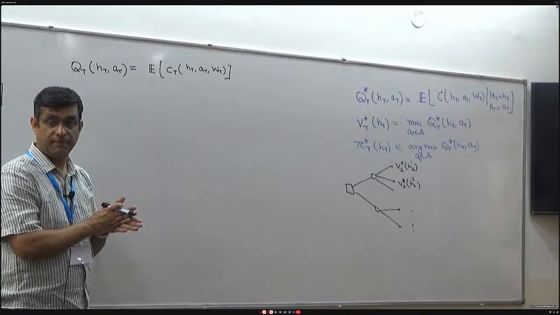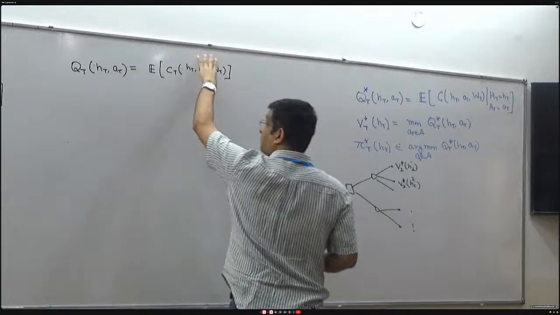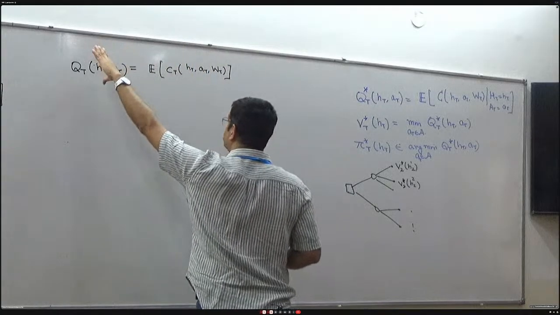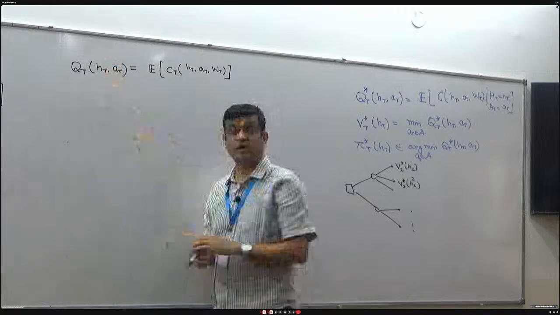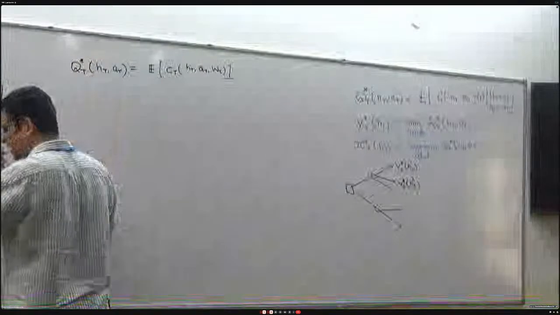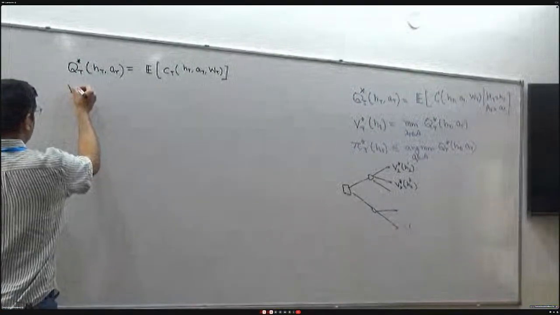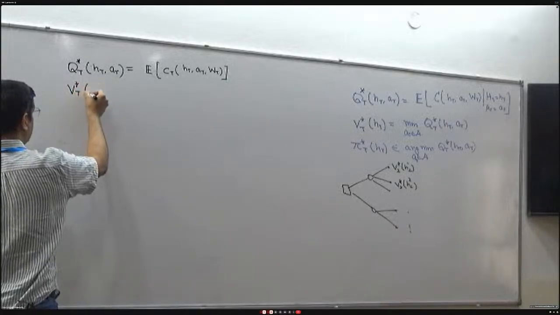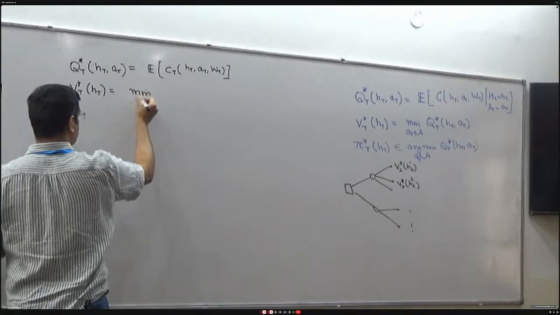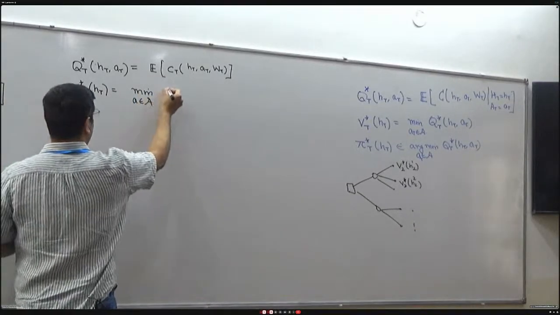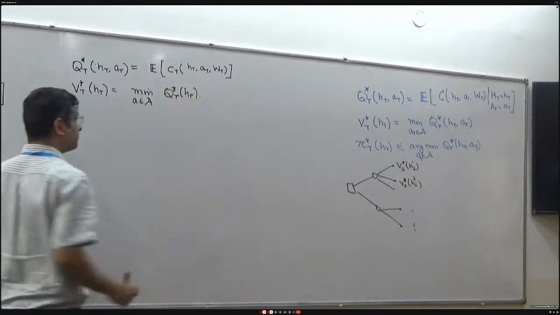Okay. So this guy is going to be this guy plus the cost incurred in the past, which is just a function of ht, will give me that guy, right? So I'll call this q star with some abuse of notation, and I'm going to say v star of capital T of ht is going to be the same. I'll minimize over actions q star capital T of ht, at.